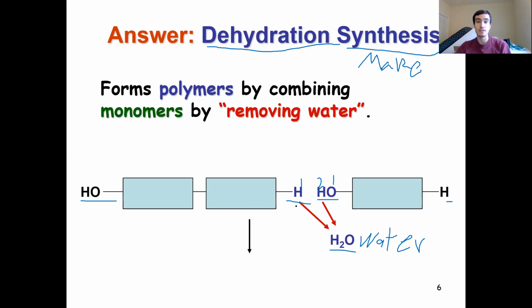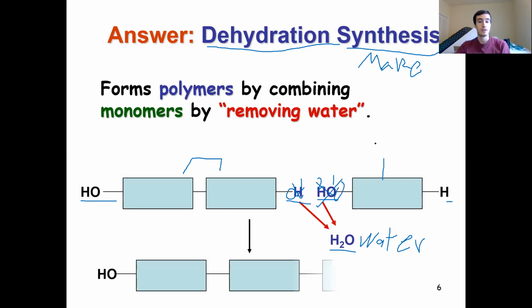So if we take these H's and O's, pull them away from this growing chain right here and this single monomer right here, then all of a sudden, these guys aren't here anymore. And now our chains need something to hook onto at the end of their structure. So they hook on to each other. So when we take away this water, then the monomer and the polymer will bind together.